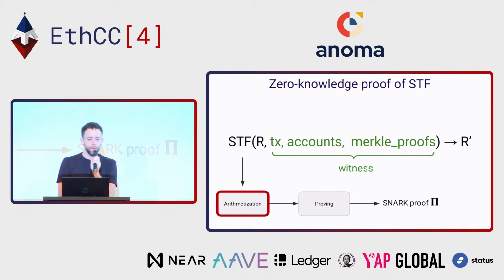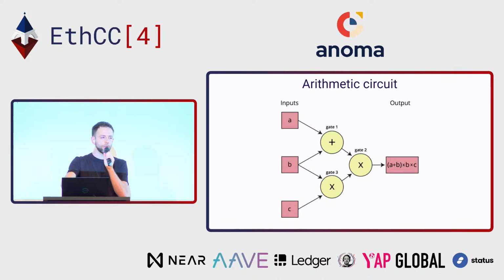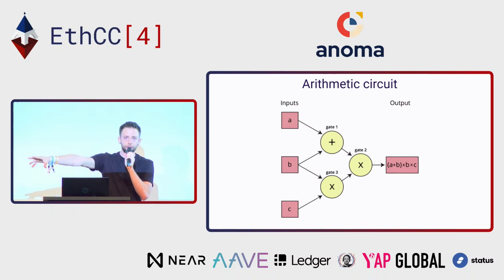Because arithmetization means you take your function and you have to decompose it into a cyclic graph of operations where you have all the inputs of the function on the left side here, and then you have gates which represent arithmetic operations, and we only support two: modular addition and modular multiplication, and you get the result at the end. And this has to be a fixed, rigid circuit.